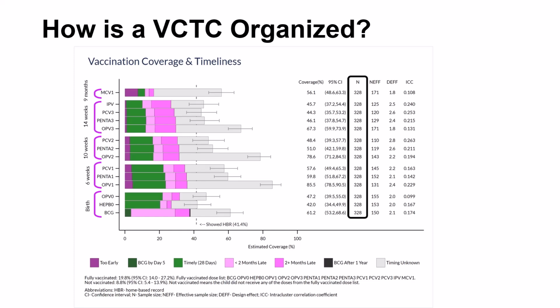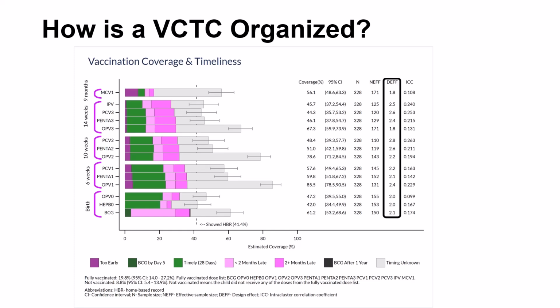N is the number of respondents whose data contributed to the sample size estimate for each dose. NEF is the abbreviation for effective sample size, which is a measure of how much information is contained in the survey sample compared to a simple random sample. DEF is the abbreviation for design effect, which is an adjustment used to calculate the effective sample size, accounting for the impact of the sampling method.